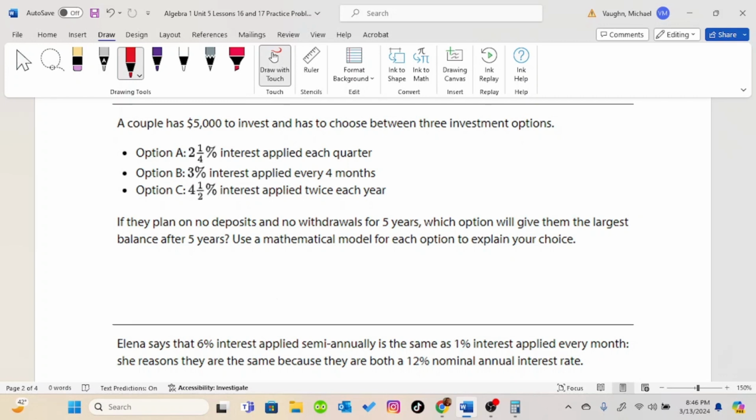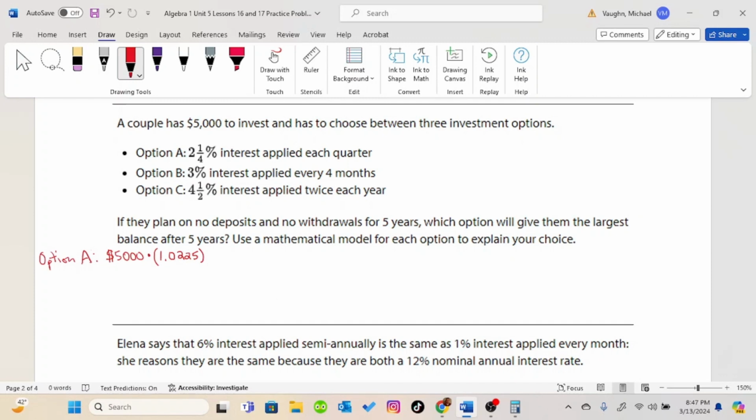So first we have option A. In this, they start with $5,000. They're going to multiply by a growth factor of 1.0225.